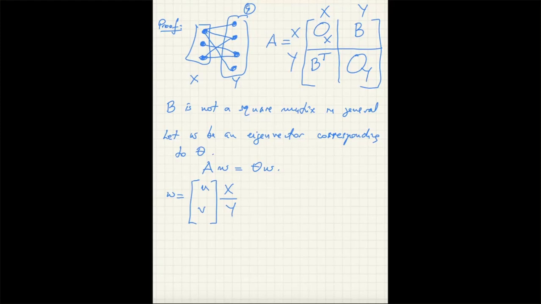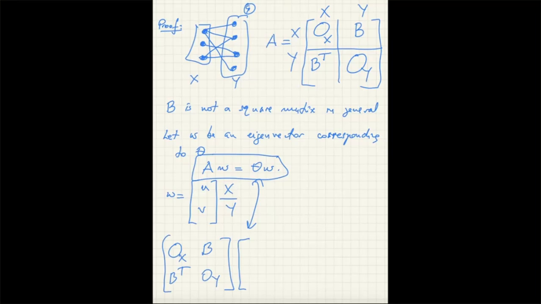Okay. And now the equation that we have here, we can write it in block form as follows. We write 0 X, B, B transpose, 0 Y. So this is where I replace the matrix A. And now I replace the W by U and V. This equals theta times U, V. So on the right-hand side, we get theta U, theta V. And on the other side, what do we get?